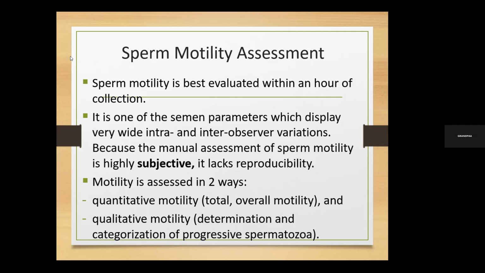All right. So, motility can be assessed in two ways. You have the quantitative motility, which will talk about the total and therefore the overall motility. Remember that when we're doing the wave motion, we talked about the wave giving you an indication of your motility.